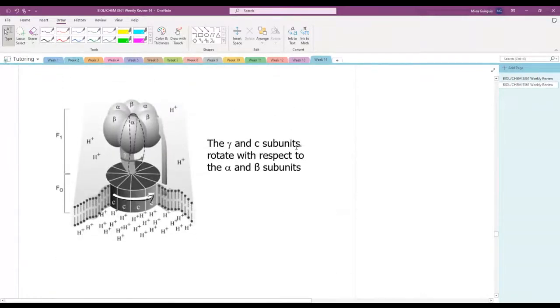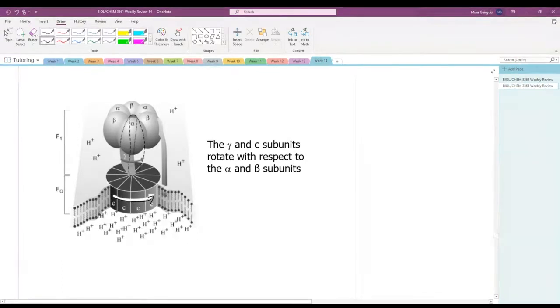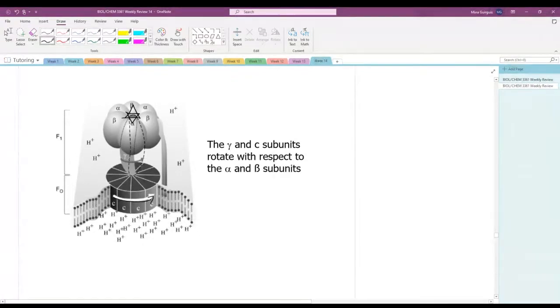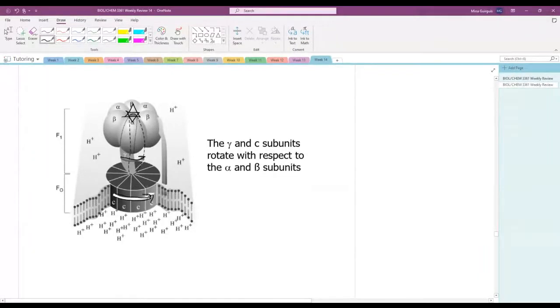Let's very briefly talk about what we're doing. First of all, the alpha and beta subunits are these at the top in an alternating pattern, and they get rotated by the gamma and the C subunit. So the gamma subunit rotates, the C subunit rotates.